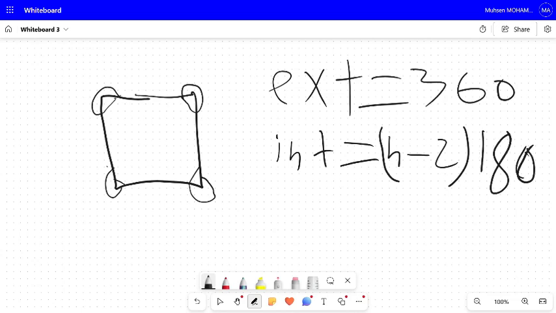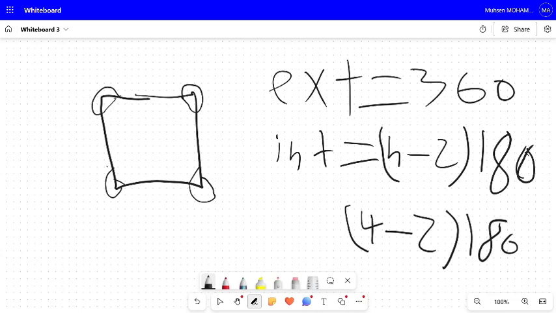In this equation, n represents the amount of sides that the shape has. What this means is, if a shape has four sides, for example, and like in this case, a square, we will fill in 4 instead of n, which would make 4 minus 2 times 180.